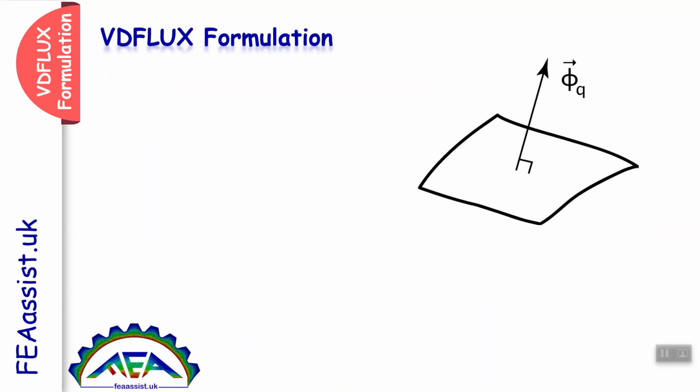So this is the definition of heat flux. We define flux in heat transfer problems as q equals minus k dT/dx, and for mass diffusion it is J equals minus D dC/dx, where C is the concentration and D is the diffusion coefficient.